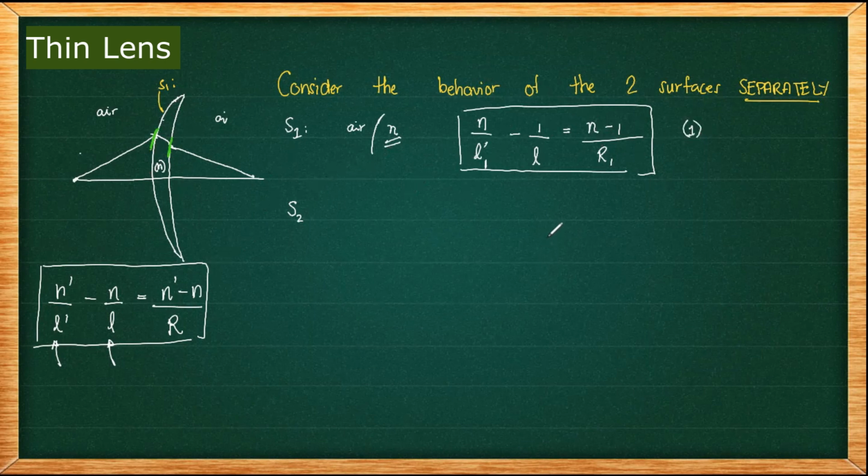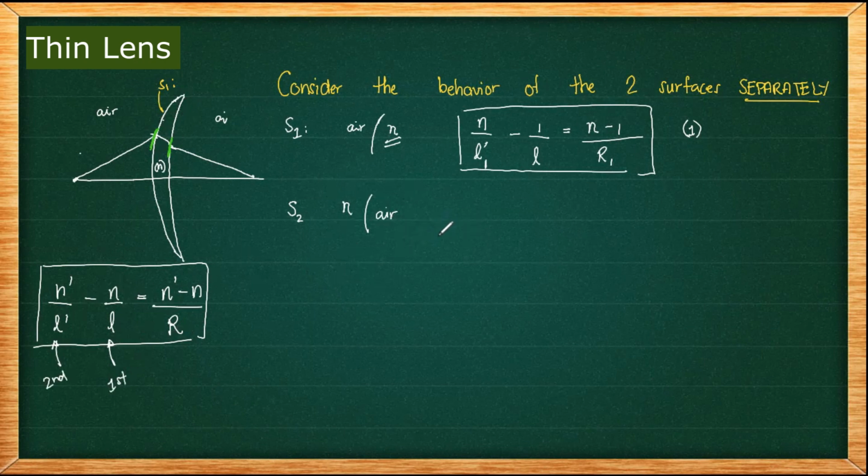Now let's proceed with surface 2. For surface 2, after light passes through S1, we will have the first medium with index of refraction n, and then the second medium will be air. Using again the result from the previous slide, this is for the second medium, and this for the first medium.